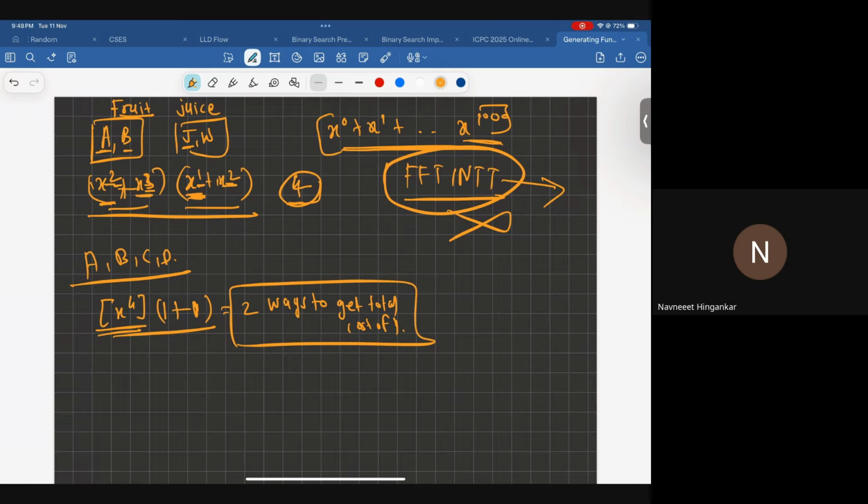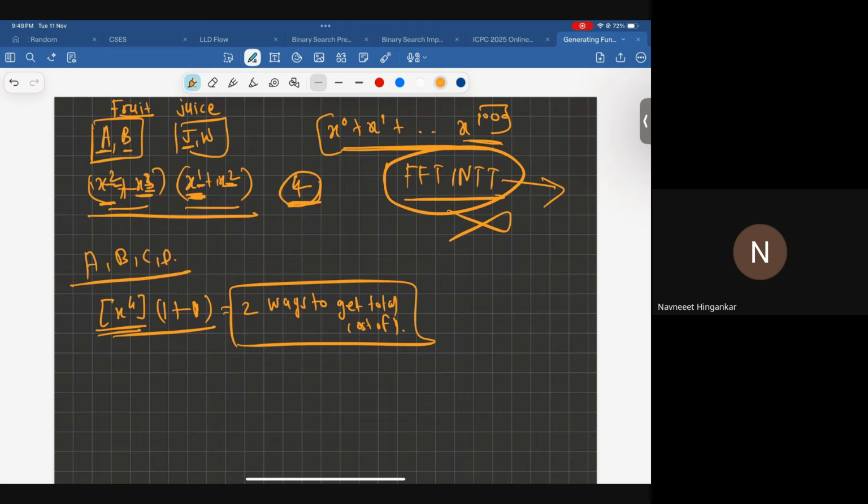Okay. So that's the generating function, all we need is the polynomial. And even if we don't need exactly x raised to the power 4, we need multiple terms, polynomial multiplication can help us with that. If you need multiple terms, you can use that. So it just means that you will do a for loop. Let's say you don't need to write this FFT, NTT.